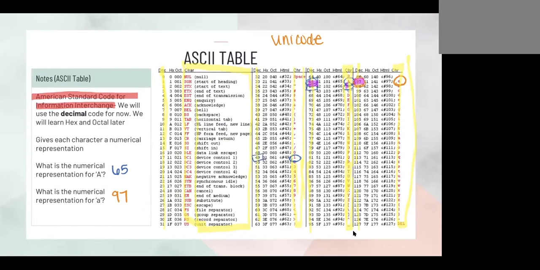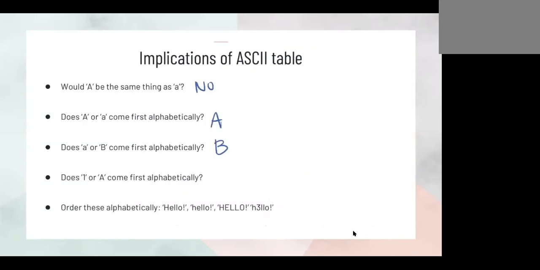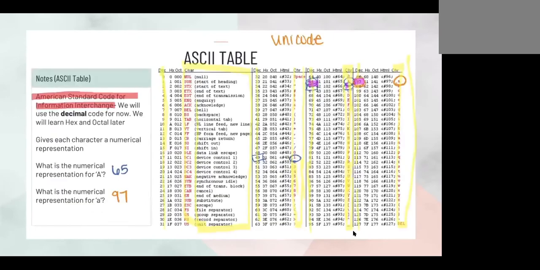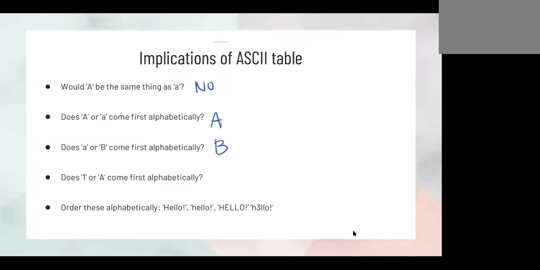I don't know why the code for 1 is not 1. I don't know why they just made it 49, but the code for 1 is 49, which is smaller than, what was it? We're comparing it with A? Yes, we're comparing it with capital A. So before we go ahead and do this, let's verify it with our code.